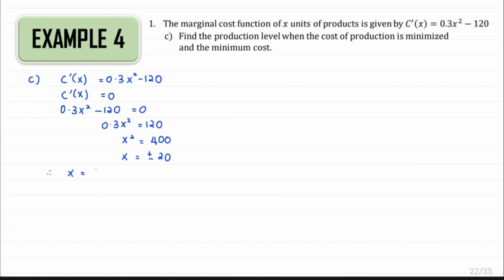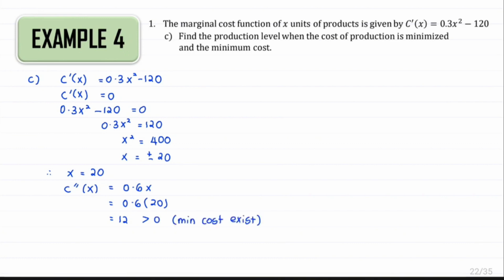So x equals 20 only. We differentiate again, so we get 0.6x. And we have x here, so we put the value x is 20. Then we solve, we get 12. 12 is greater than 0. So a minimum cost exists.